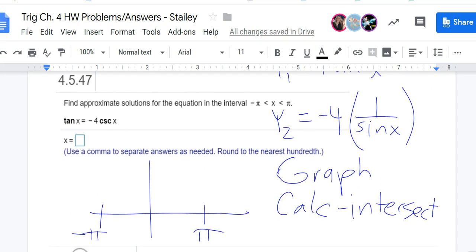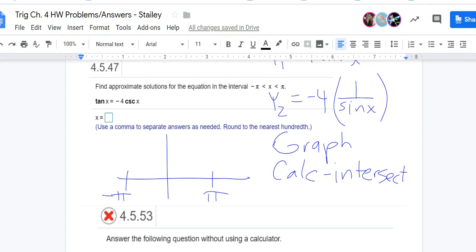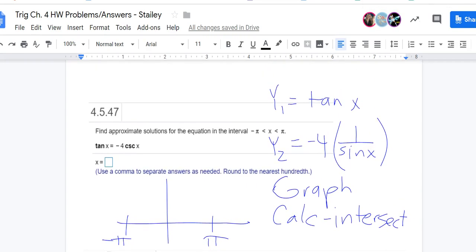This particular question came up as well, and I don't think I would ask this on a test, and here's why, because truthfully, it's a graphing calculator question. You can see that I took one side of the equation and made it y1, and I took the other side, -4 cosecant x. Look what I changed it into. I changed it into -4 times 1 over sine x. That's maybe a little step that we haven't done much with, but that's true.